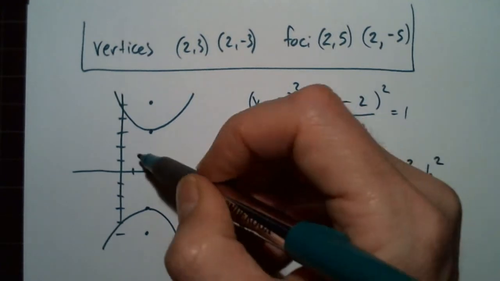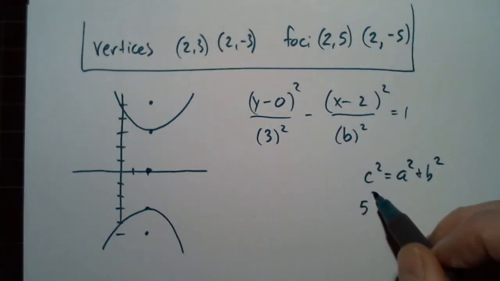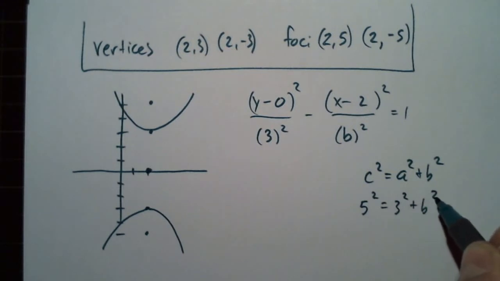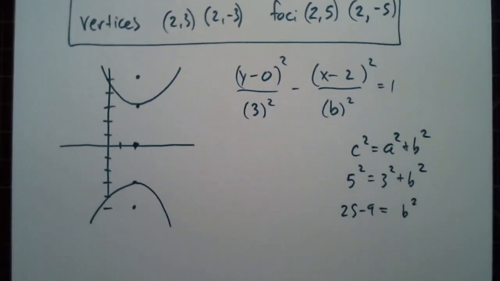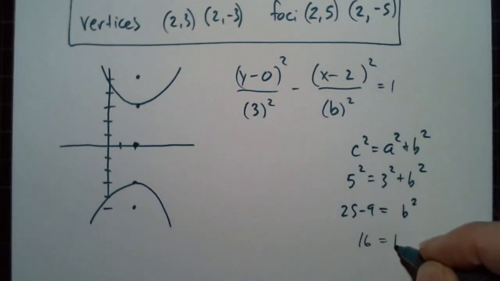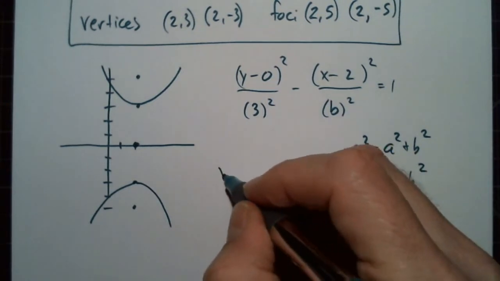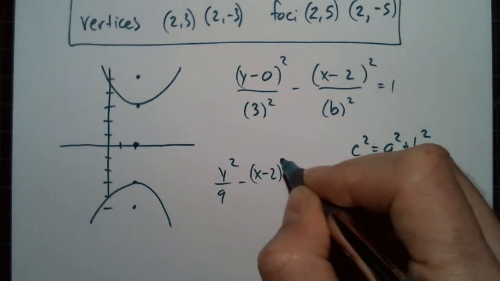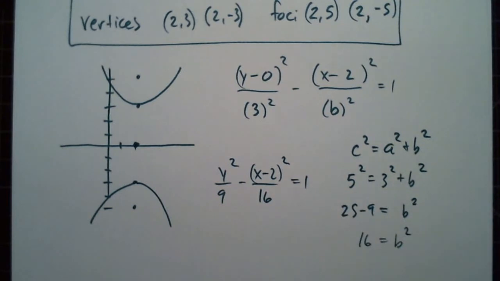C squared, this is going to be 5 squared, 3 squared, and then we have the equation. Y squared over 9 minus x minus 2 squared over 16 equals 1.